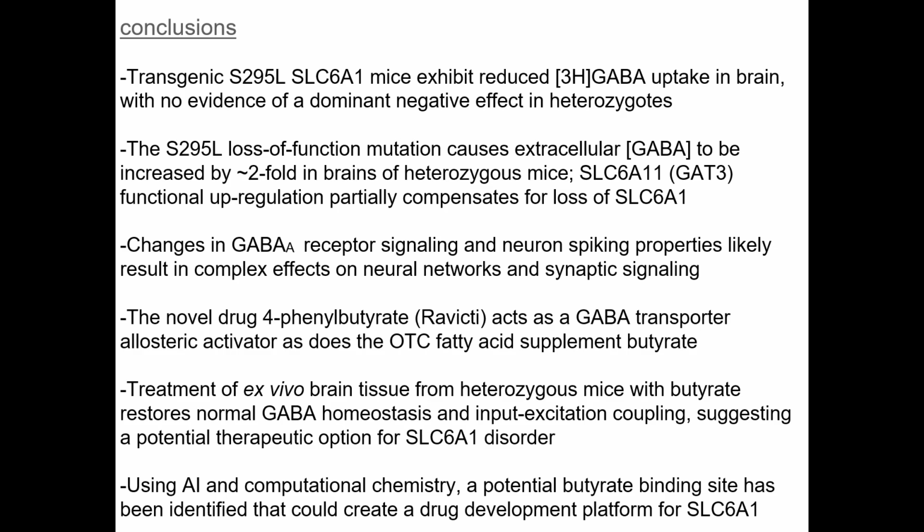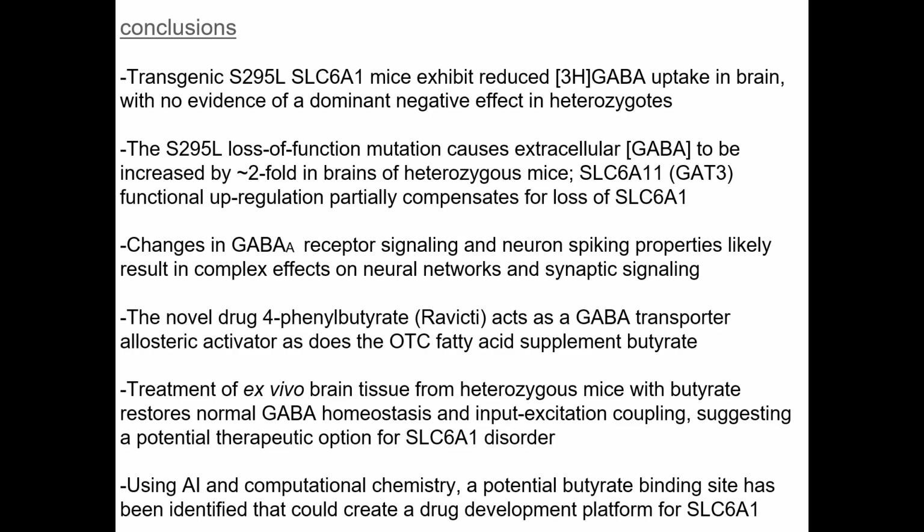We don't know whether this is the mechanism by which Ravicti works, and we heard earlier today that there are very positive and exciting results from the Ravicti trial that just came out, suggesting it can be helpful, at least in ameliorating seizure disorders and restoring normal EEG patterns. So we want to look more carefully to see whether the fatty acid butyrate and related molecules might work the same way.